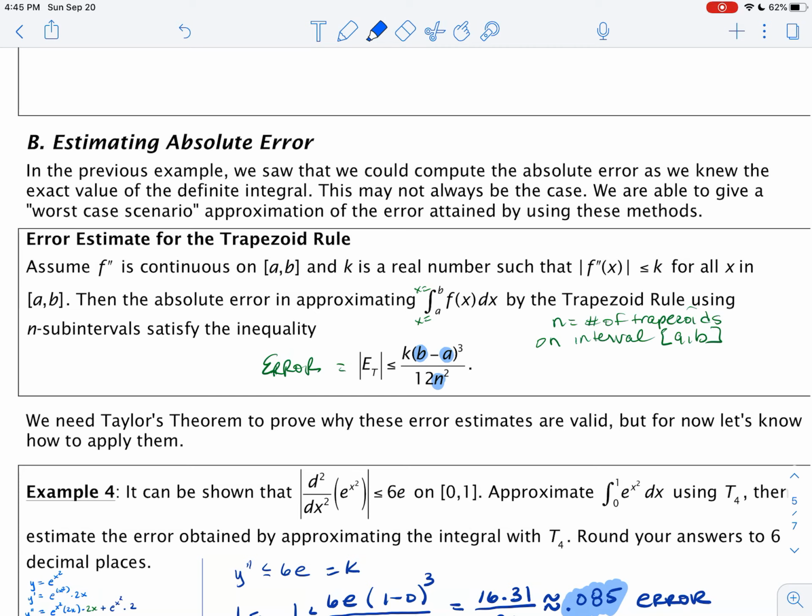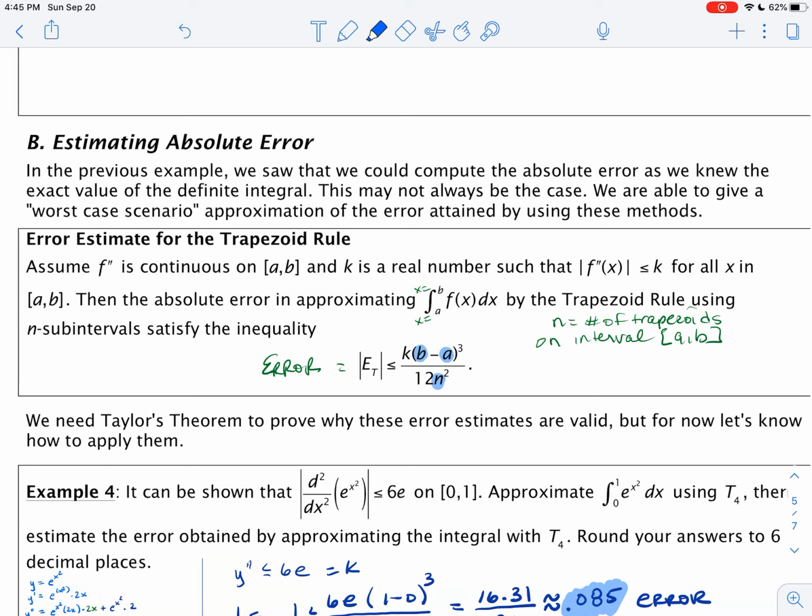And how would we normally find K? I show in the next example that I can find that upper bound, but I draw your attention towards the extreme value theorem, which came from an application of the derivative. How can we find the maximum value on a closed bounded interval for a continuous function? We can always use the first derivative and find our critical points, those that make the derivative equal to 0.